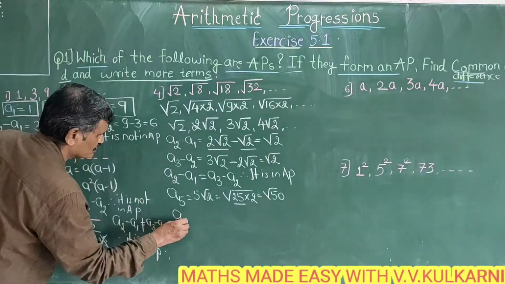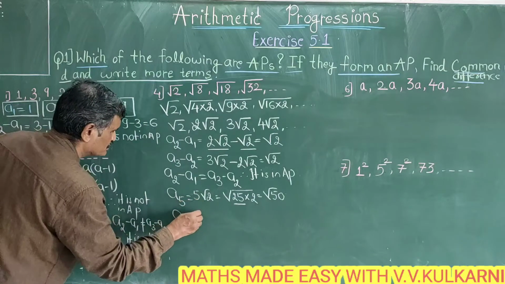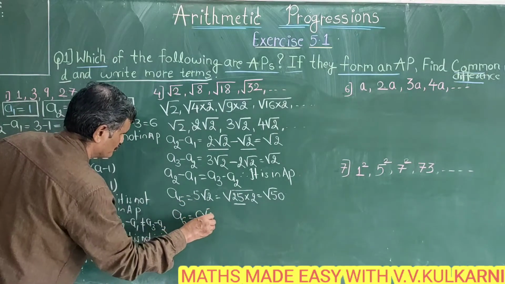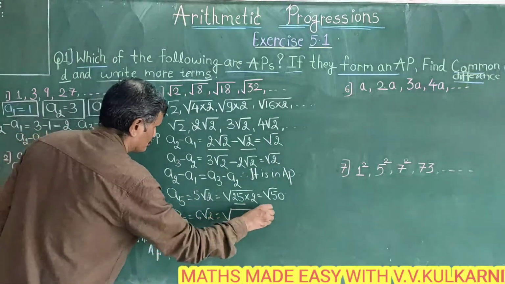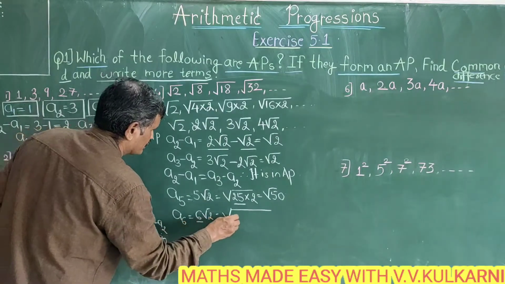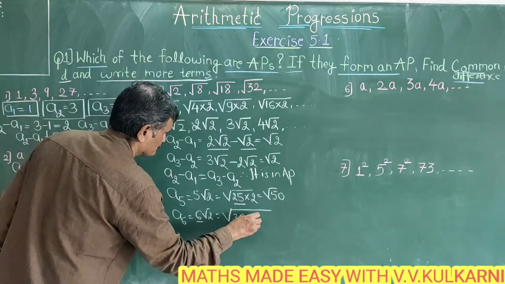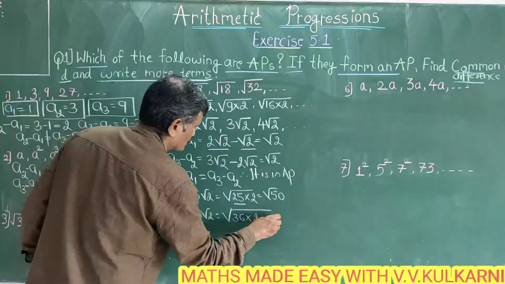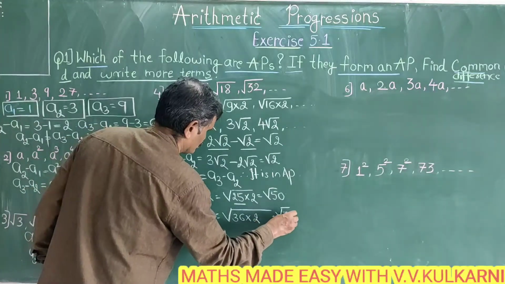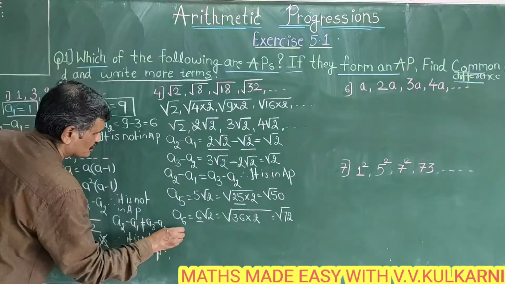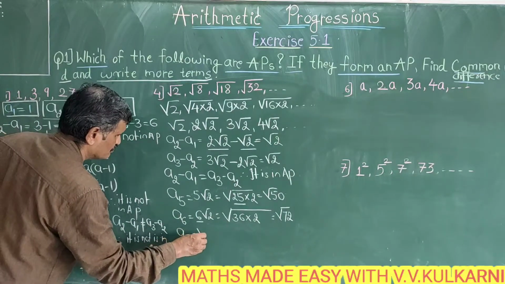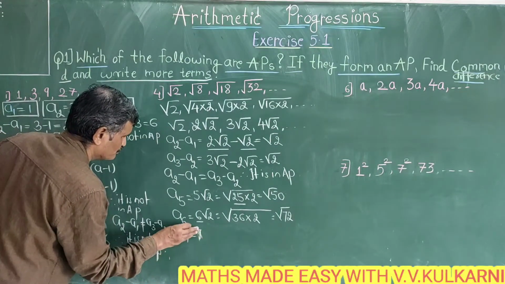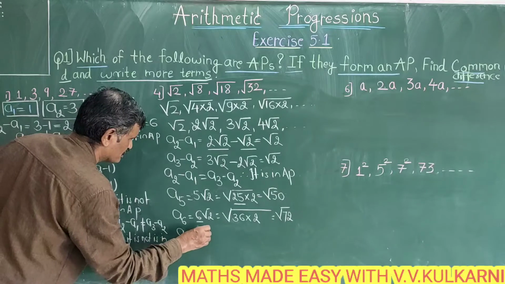If I want the sixth term, it is 6 root 2. Again, 6 can be written as root 36, into 2, and 36 into 2 is how much? Root 72. The seventh term, if I want, will be 7 root 2.